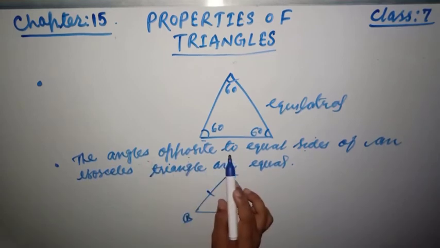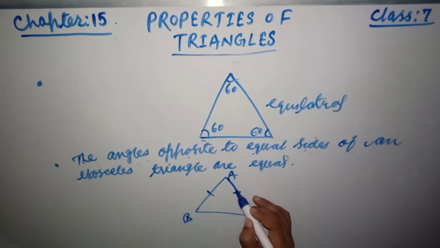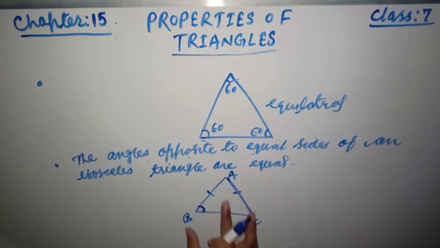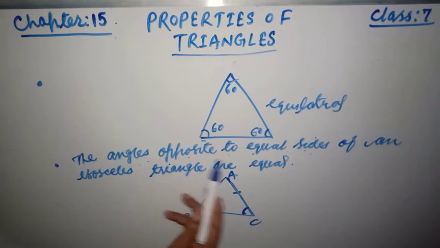The angle opposite to this equal side AC is this, okay, and the angle opposite to this AB is this. Okay, so these two angles are also equal. This point says angles opposite to equal sides.